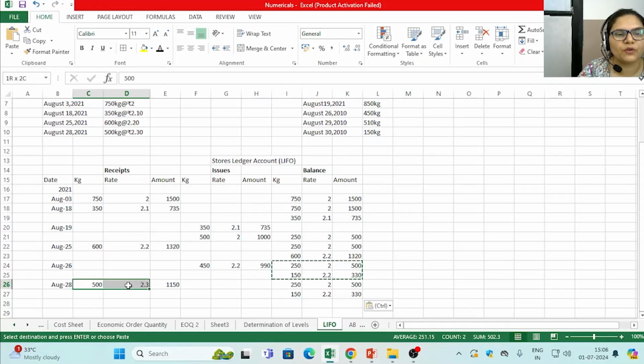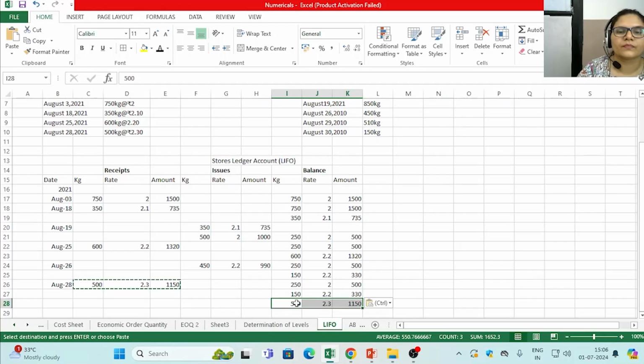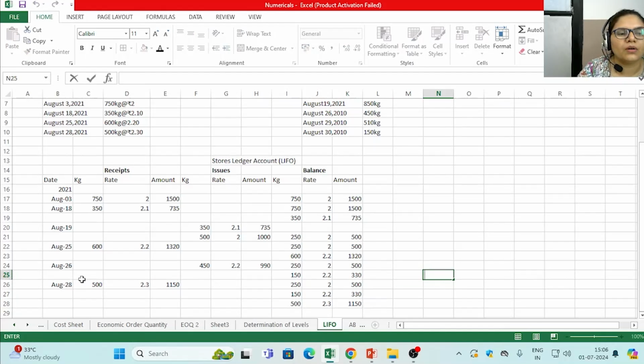Then we will carry forward the fresh purchases made on August 28. So on August 28, we have previous balance of 250 kg and 150 kg and a fresh balance of 500 kg at the rate of 2.3, which makes up to amount of rupees 1150.